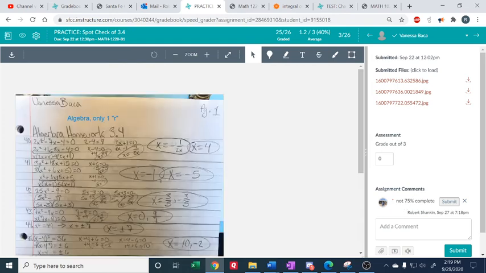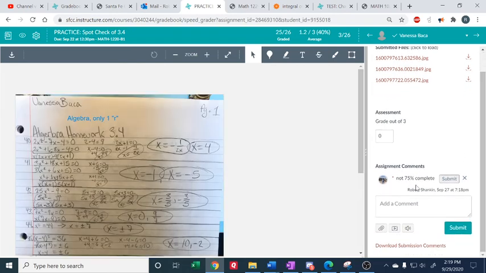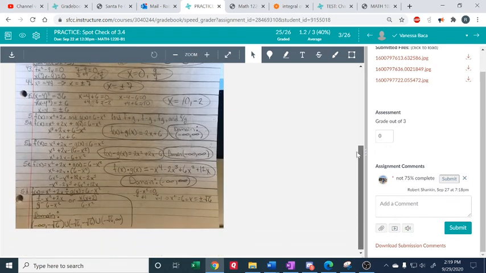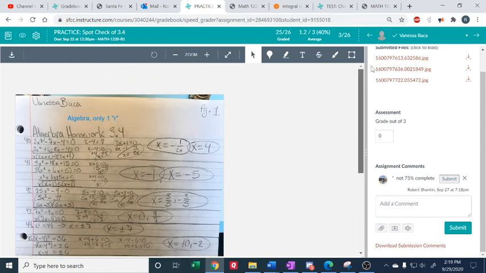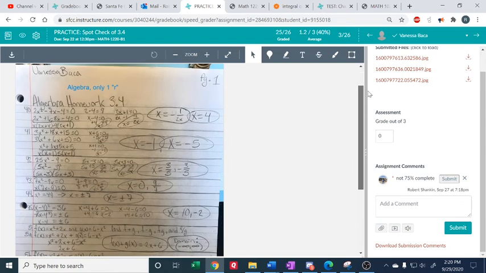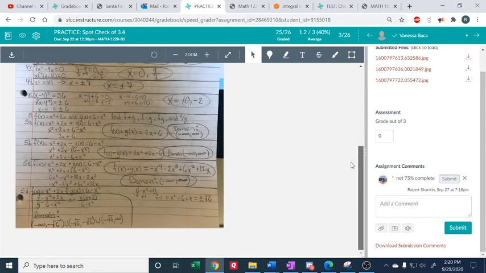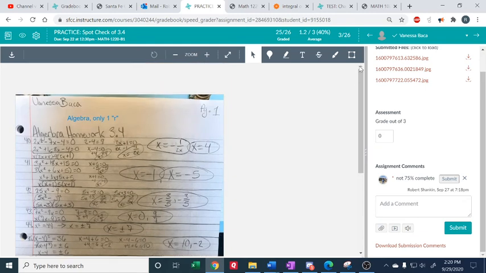All right, my comment says it's not 75% complete. You're not able to see that comment? No, I can't see that in my grade book. So in your grade book, there is that assignment and you can click on it, but no comment shows up. Yes, that's correct.